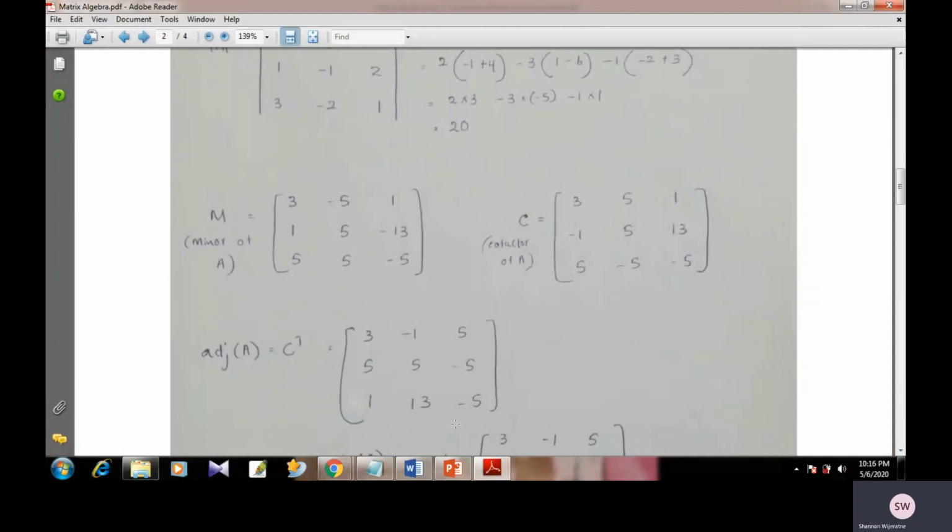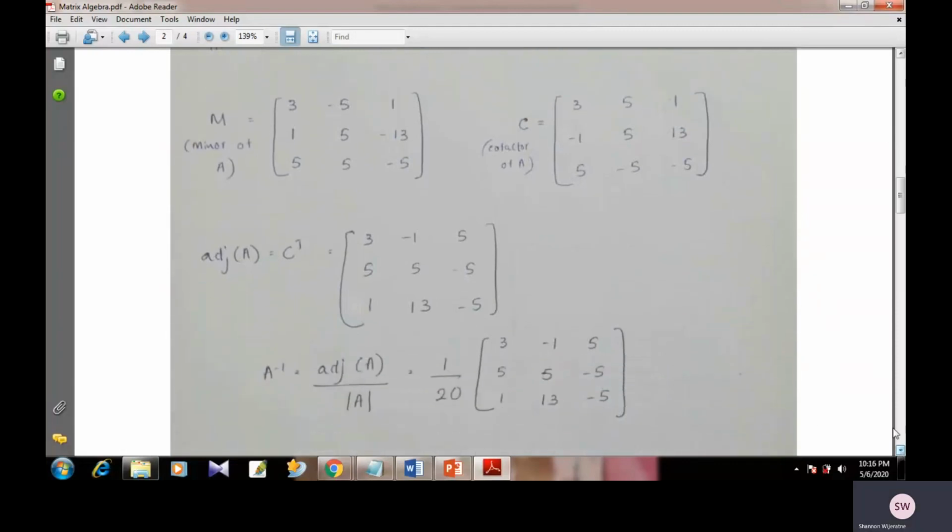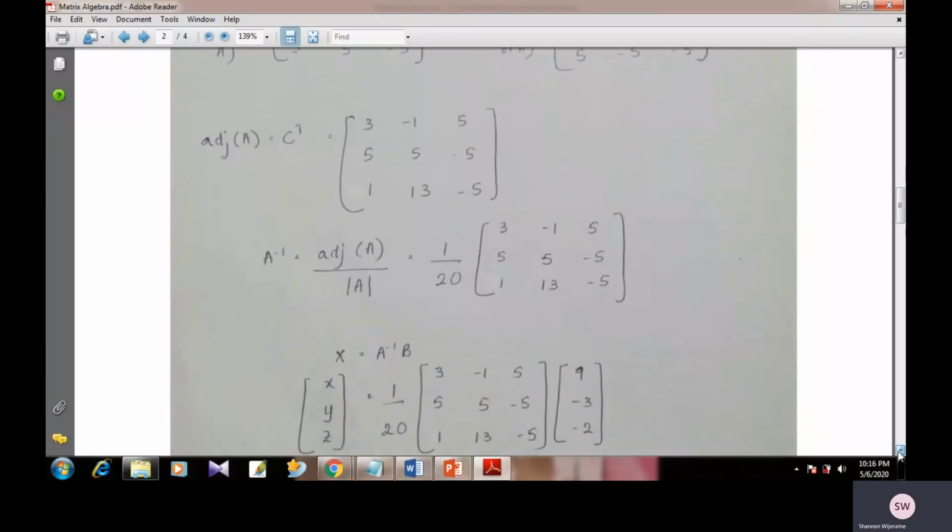So this is called the adjoint of A. To find the inverse of A, inverse is given by the adjoint matrix divided by the determinant of A. That means if we divide this matrix by the determinant of A, it is equal to the inverse matrix. The determinant is 20. So this matrix divided by 20 means we can write it as 1 over 20 times the adjoint matrix. So this is the inverse of A.